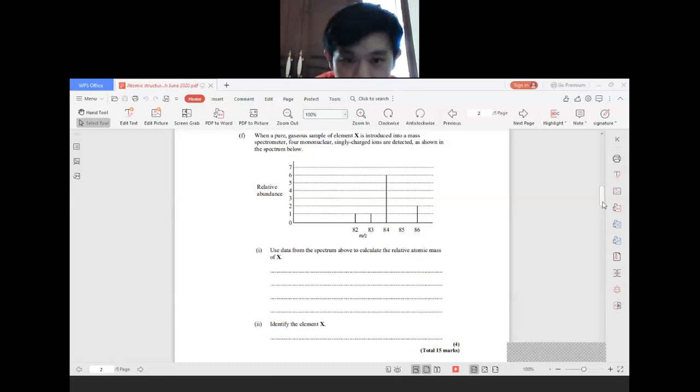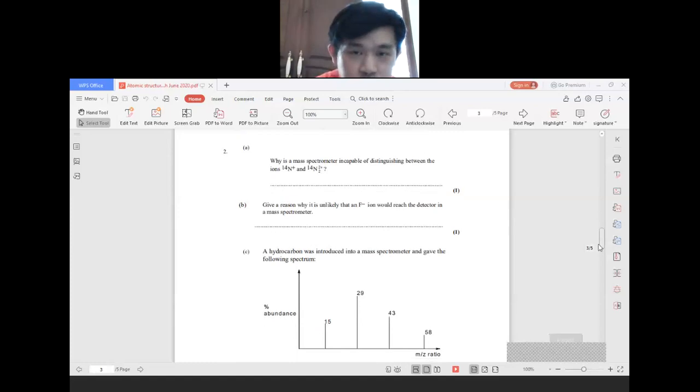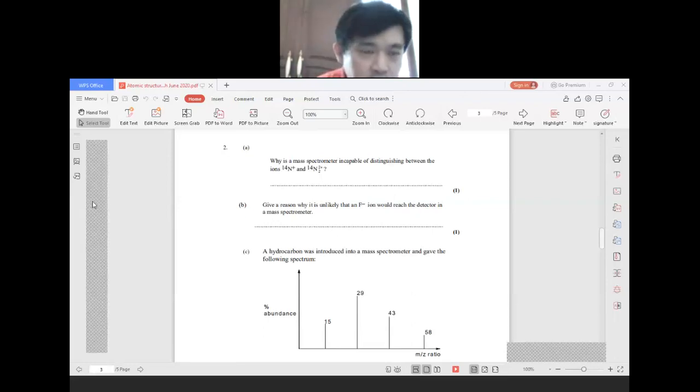Now let's move to number 2. Number 2 here is written: why is a mass spectrometer not able of distinguishing between ions 14N+ and 14N2+? It is because both of them have the same mass.